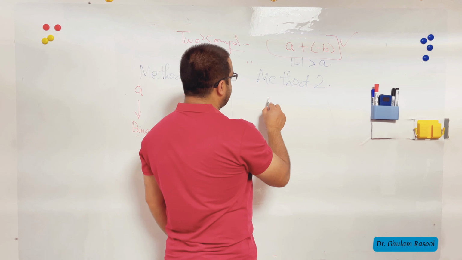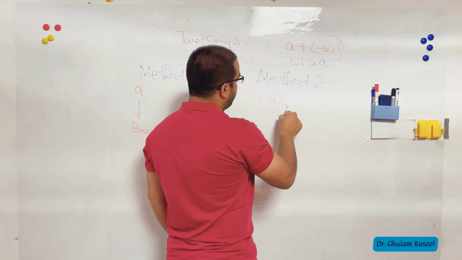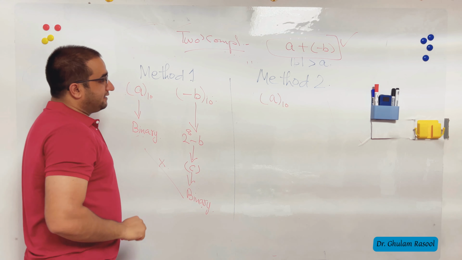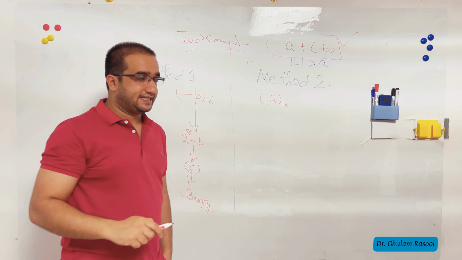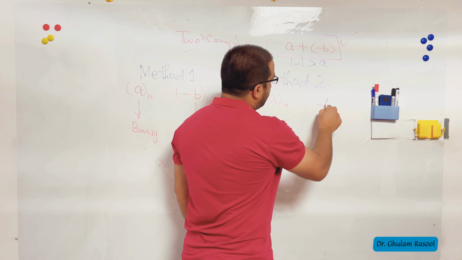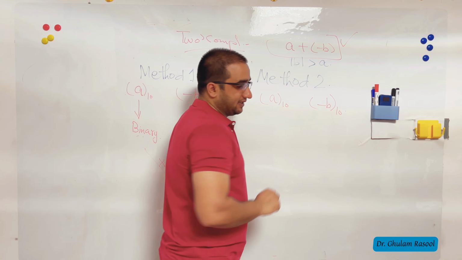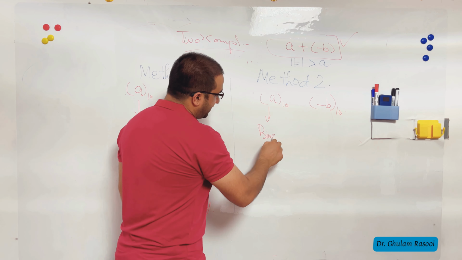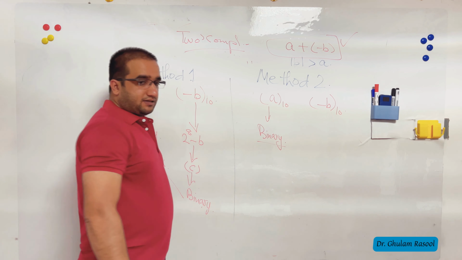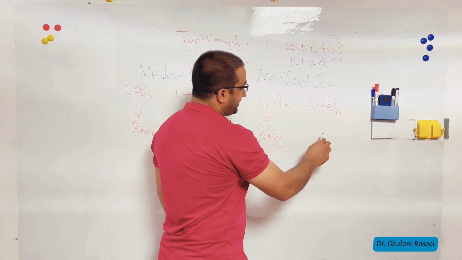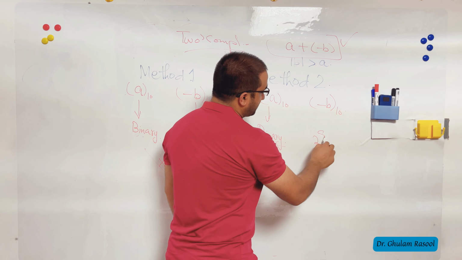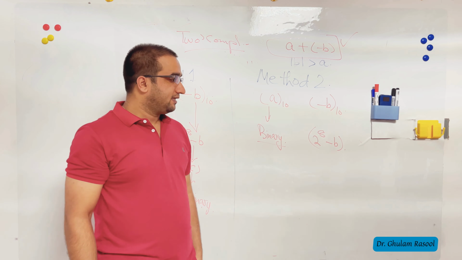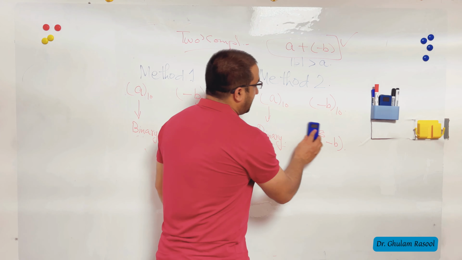Method 2 is, this is my number A in the decimal, and negative B is also in the decimal. For A, simply convert this number into binary. For B, I actually need to find a number like this, 2 raised to the power 8 minus B. So what should I do?